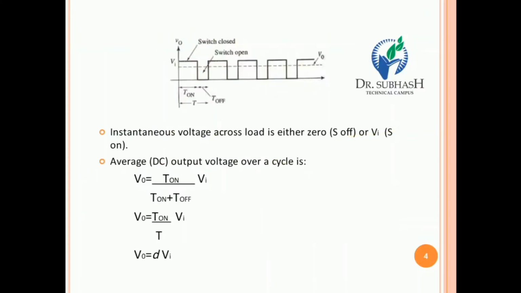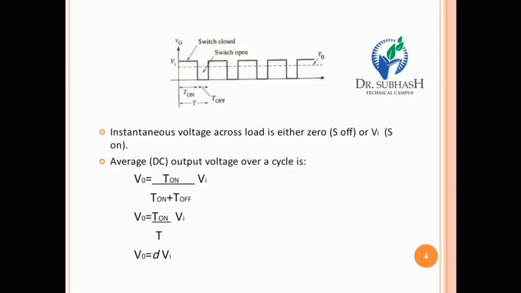Here we draw the basic output waveform. In this waveform, we divide the period into T1 and T off, and the total time period is T1 plus T off.